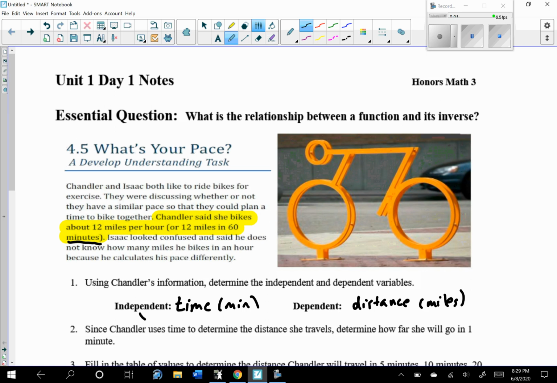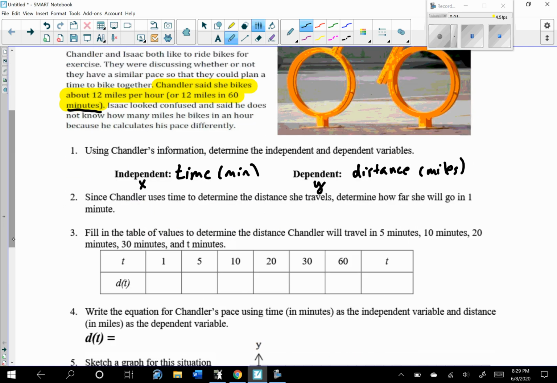Because this is x and this is y, remember y depends on x, so it depends on what you plug in. Since Chandler uses time to determine the distance she travels, determine how far she'll go in 1 minute. So we have 12 miles per 60 minutes is equal to x miles per 1 minute.